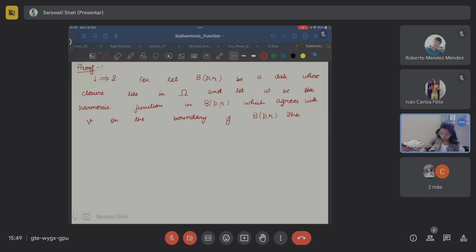Then V of P is less than or equal to W of P.